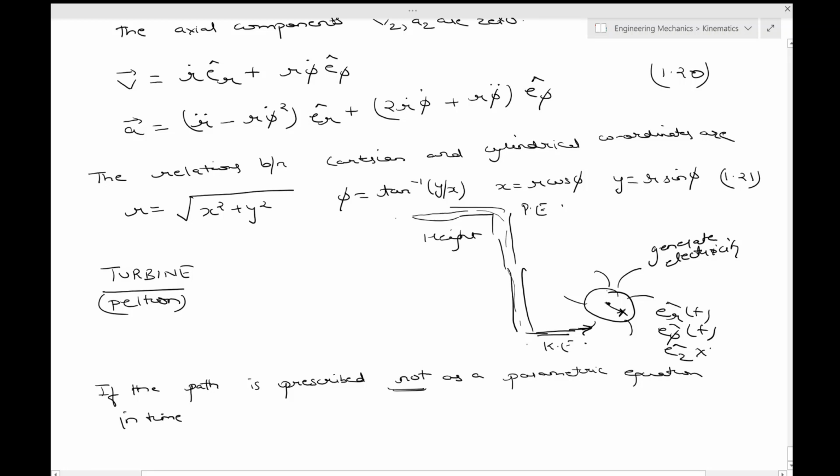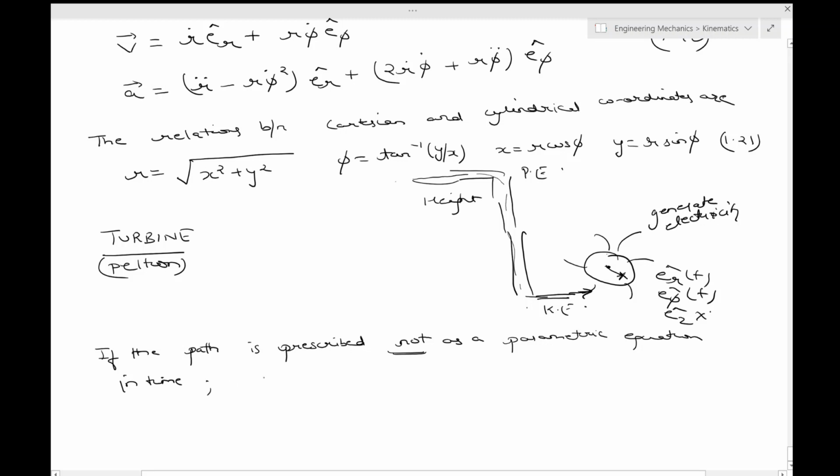Remember we had done this for the surfaces G of xyz equal to 0 and H of xyz equal to 0. They were not explicitly containing time. We are doing exactly a similar thing over here. In this case we will say that the coordinate r is f of phi and z is equal to g of phi.